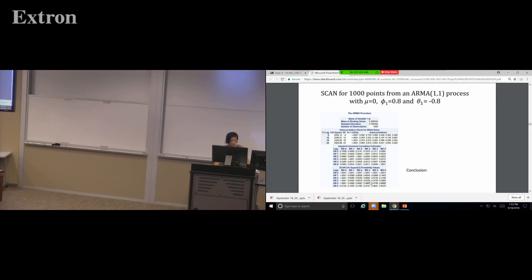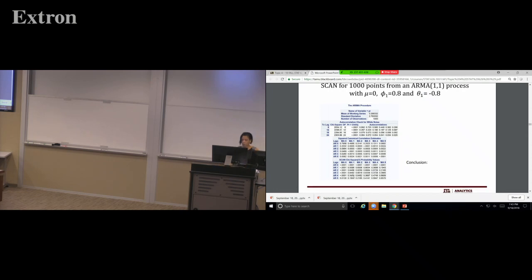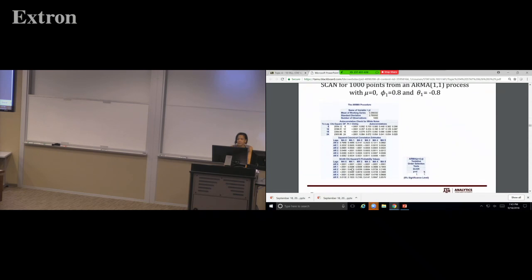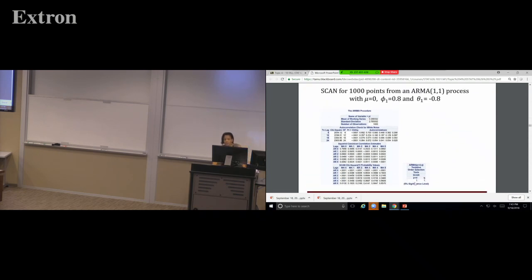That rectangle would guide me to investigate an ARMA(1,1), AR1, MA1, the upper left corner of that rectangle. So that's what the next slide says: this scan analysis led us to a tentative model of examining an ARMA(1,1).